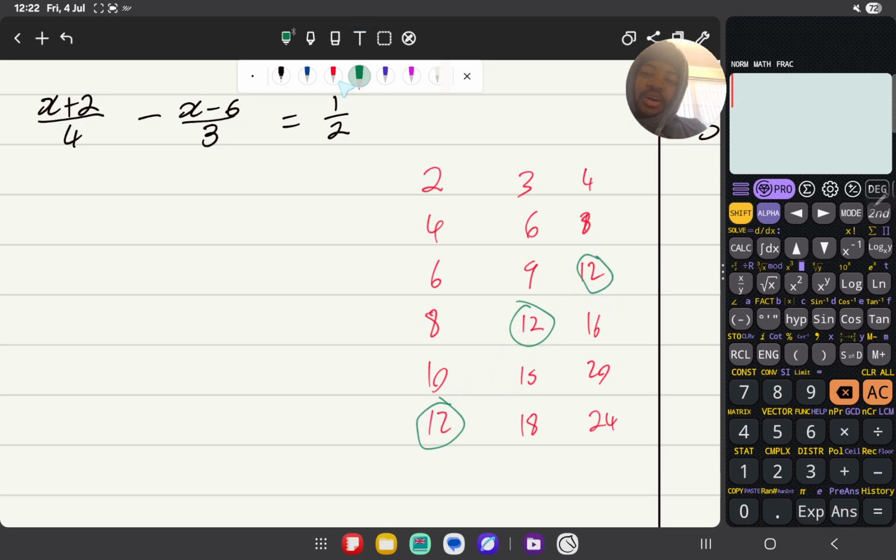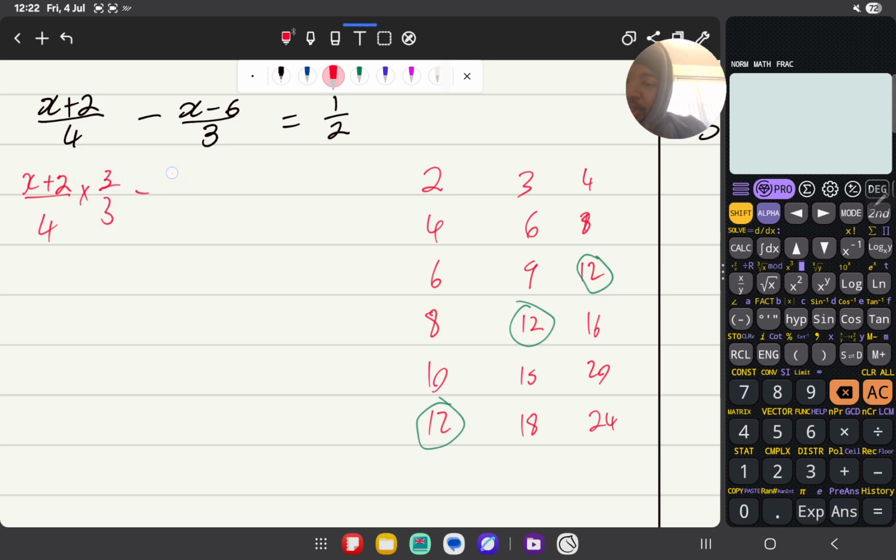So now you have (x plus 2) over 4. The 4 you multiply by 1, 2, 3, so you multiply by 3 over 3.